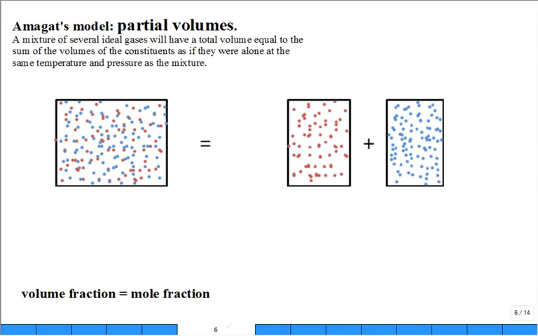We have two models of ideal gas mixture, Amagat's and Dalton's model. One gives us the partial volume concept, one gives us the partial pressure concept. So the partial volume concept is like this. I have a total volume. It's made up of just two components.